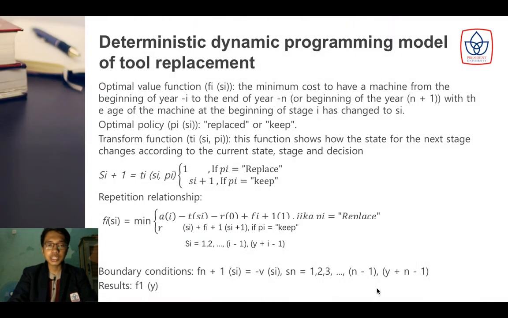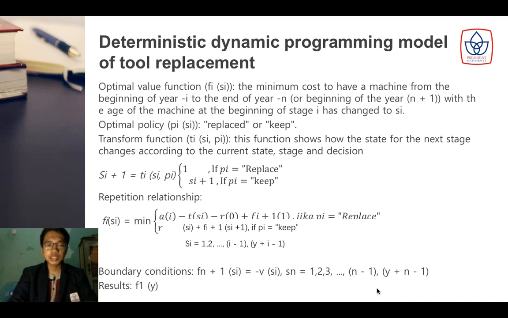Optimal value function. The minimum cost to have a machine from the beginning of year i to the end of year N, or beginning of year N plus 1, with the age of the machine at the beginning of stage i being si. Optimal policy: replace or keep.